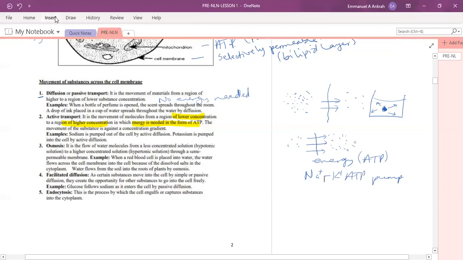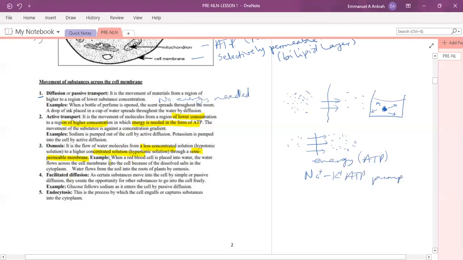So the key word that you have to remember, you need to have a semi-permeable membrane somewhere. If there's no semi-permeable membrane, you cannot have osmosis, okay? Because that's the selection. It allows only water to pass through the semi-permeable membrane that we're talking about here, okay? So the water flows from less concentrated solution to a more concentrated solution through a semi-permeable membrane.